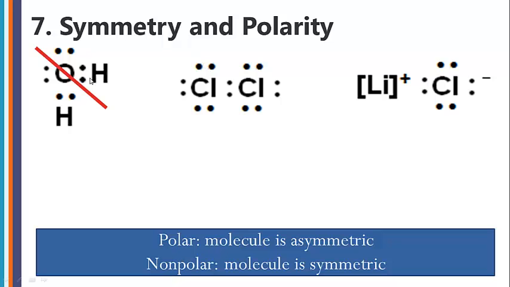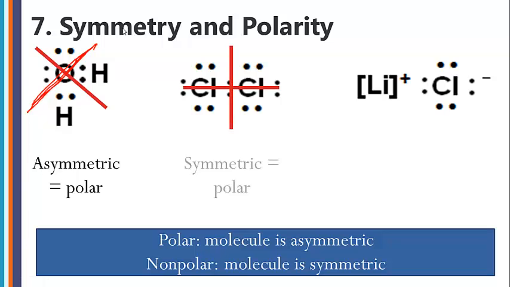But if I cut it another way, like this, I see that it's different on the two sides. So based on that difference, this is going to be asymmetric and it's going to be polar. In the case of chlorine, no matter how I cut that, it's the same on both sides. So that's highly symmetric, which means that we're going to be nonpolar.